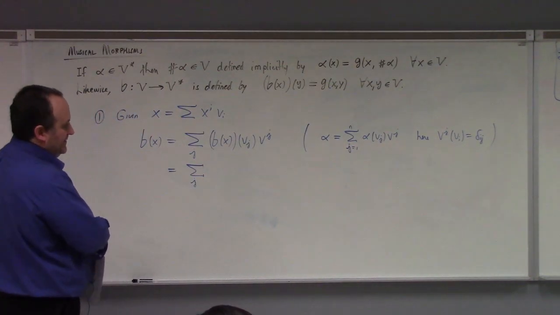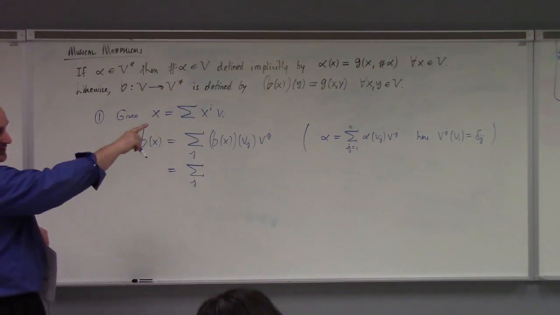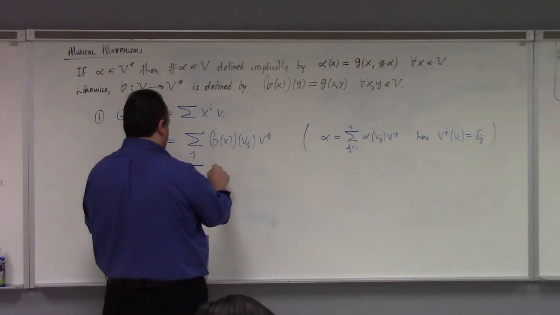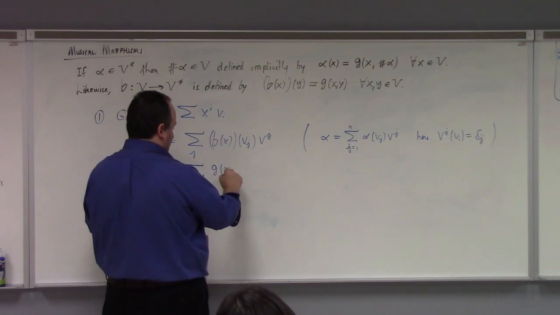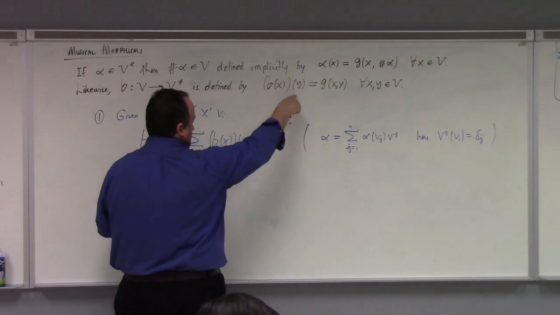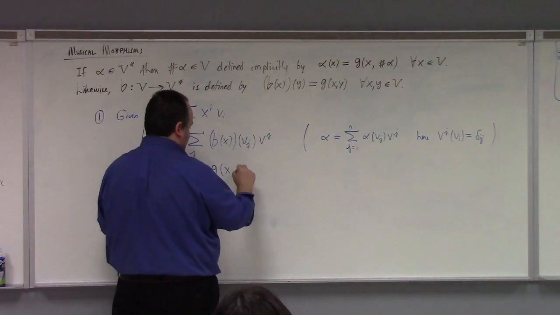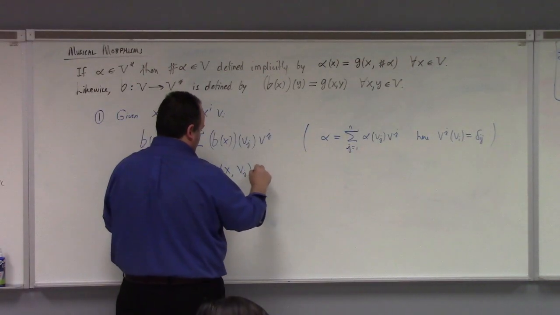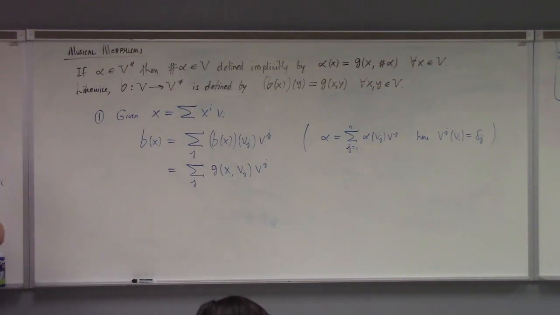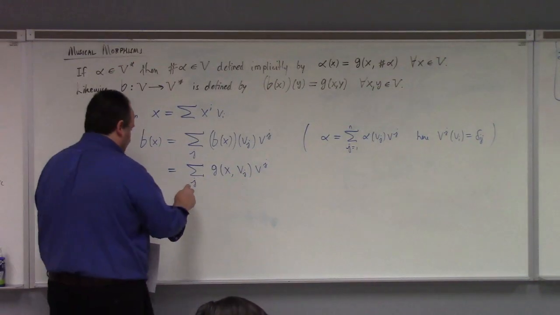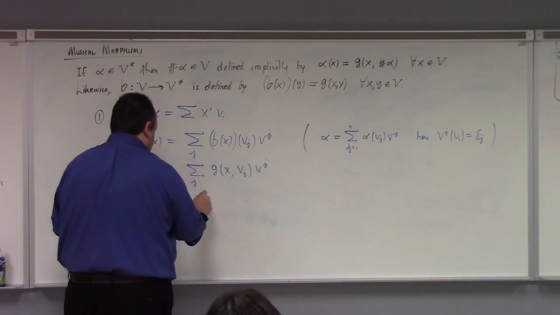What is beta x? By definition, right above, it's g of x, comma, v_j, v upper j. But we can also rewrite x in terms of its expansion.